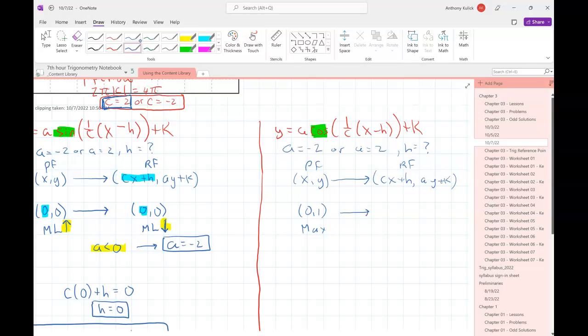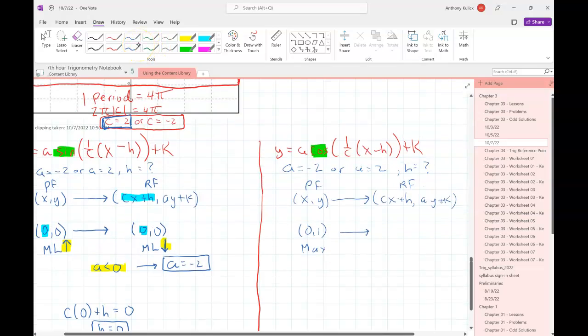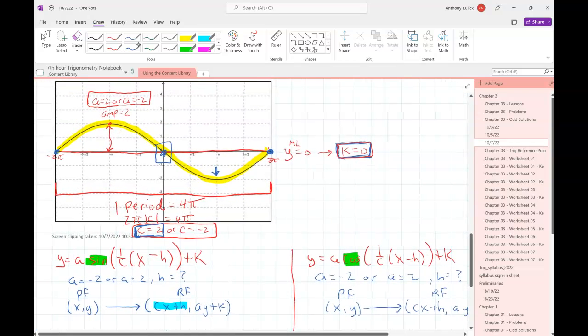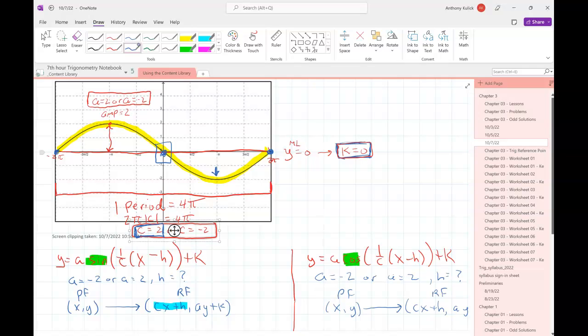So what I need to do now is go back to my graph and pick an extreme point. It doesn't matter which extreme point I pick. I see two of them. I see a maximum here at negative pi comma 2, and I see a minimum there at positive pi comma negative 2.